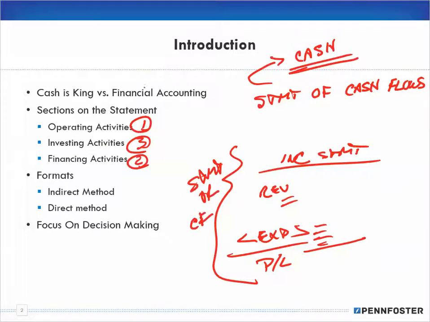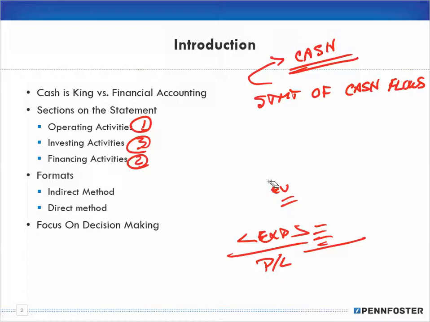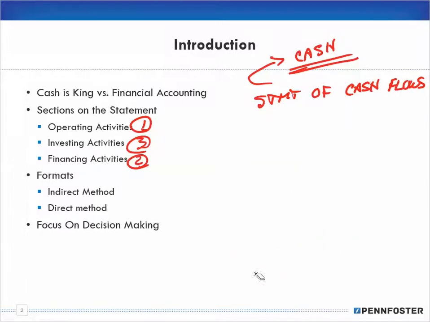I haven't presented one yet, but I'm trying to get you to understand the reasoning behind it. We're adjusting to cash, and in order to adjust to cash, we're going to create that statement of cash flows in 3 sections. Each particular section is going to look at something different that pertains to the business: operations, investing, and finance.